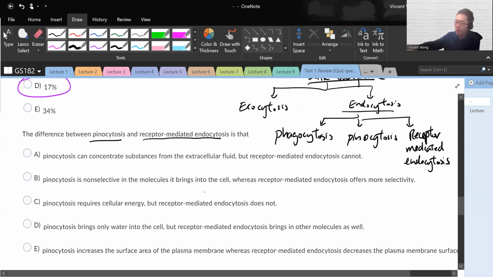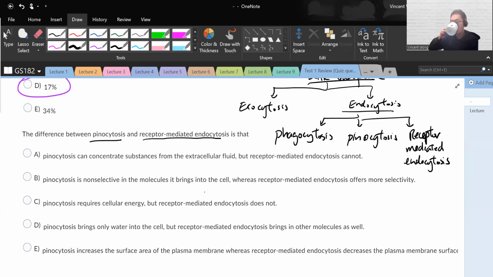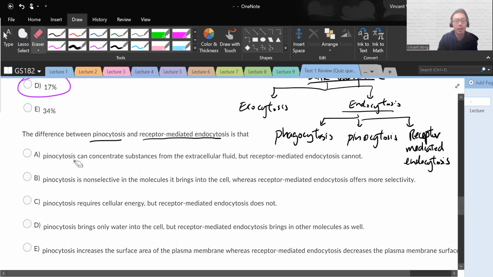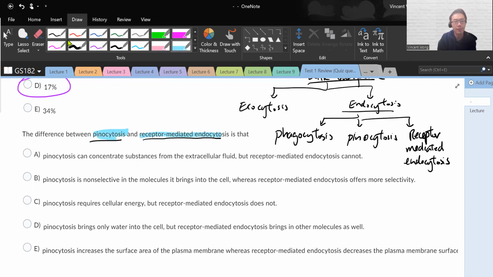I remember some of you said last week that the questions are very wordy and sometimes it takes some time to read a couple of times before you understand it. Maybe this is one of the examples, right, of those questions. So let's see. We are looking for the difference between pinocytosis and receptor-mediated endocytosis.